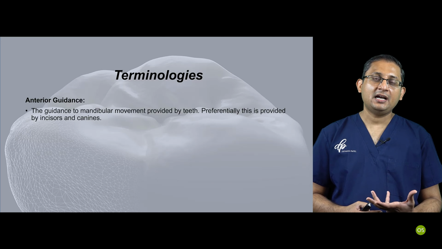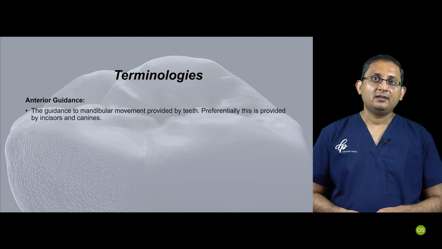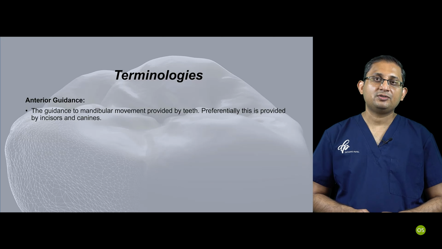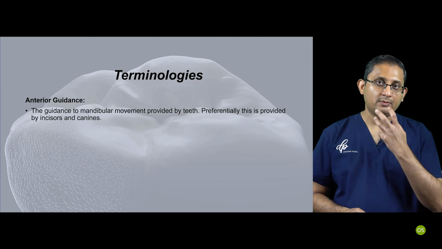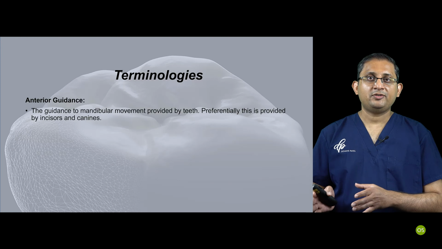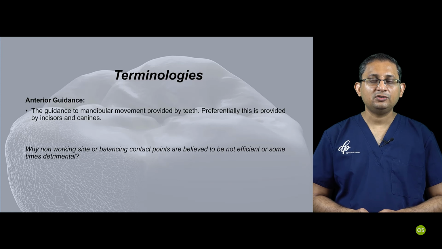We call it anterior guidance because it's dictated anterior to TMJ. And that sometimes becomes confusing because when we say anterior, we relate straight away to anterior teeth. But just to make it clear, it's anterior components, which is your teeth. And that includes protrusive, lateral guidance, groove function, and canine guidance.